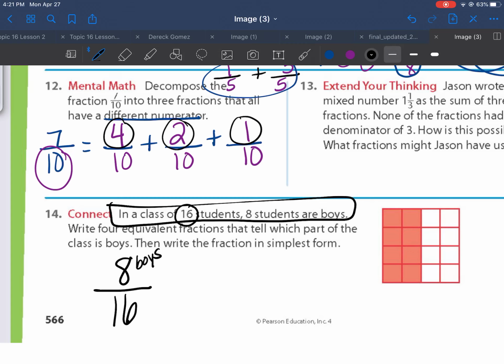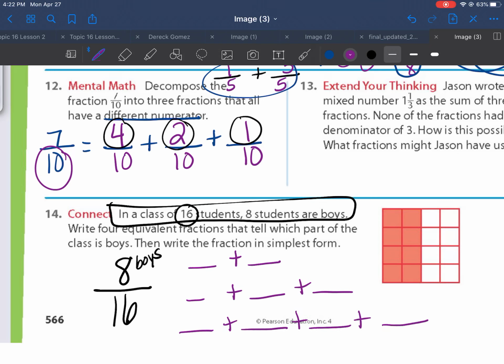They want me to write 4 equivalent fractions that tell which part of the class is boys. So how can we break this apart in 4 different ways? 4 different ways. So I'm going to go ahead and do fraction plus fraction 4 different ways. 1, 2 and 3 and 4.